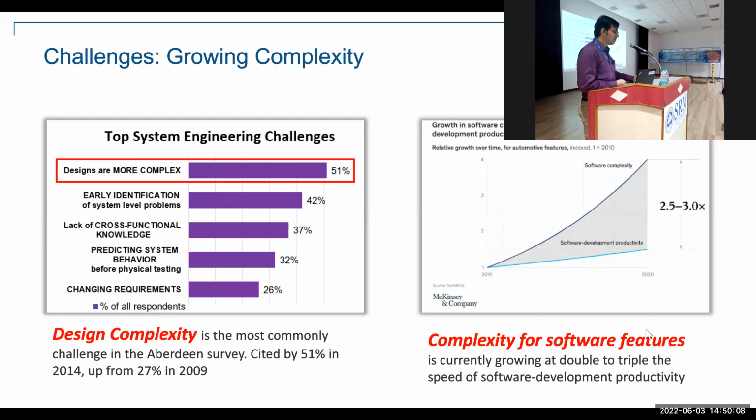If you look at any problem in the domain of cyber physical systems, the designs have become very complex, and addressing them in a way that different teams could work together on those designs is something that we have to look at.